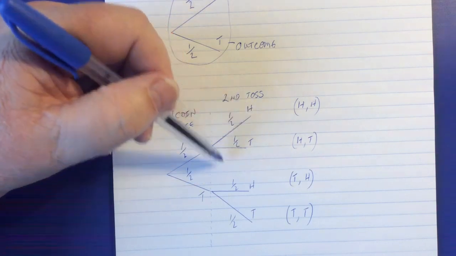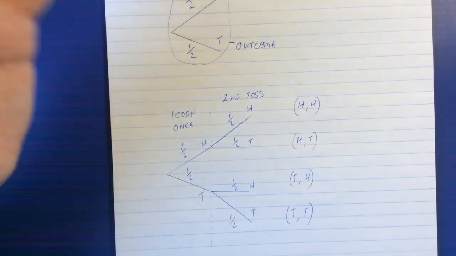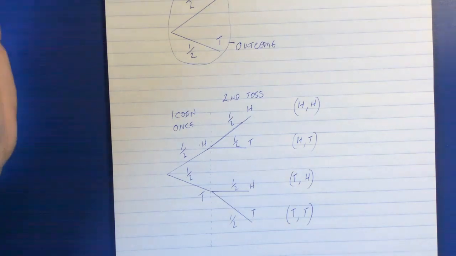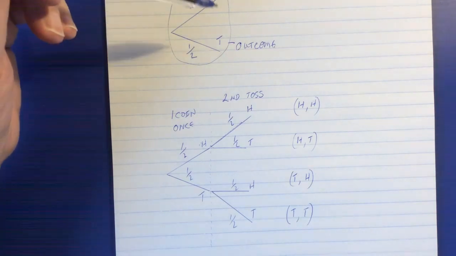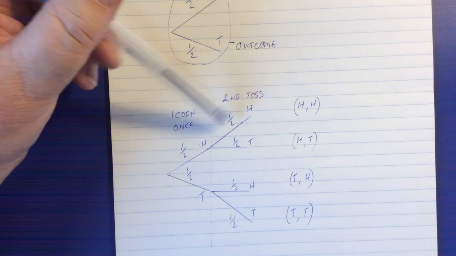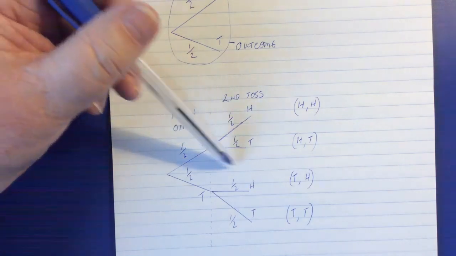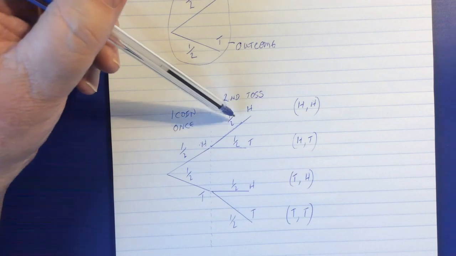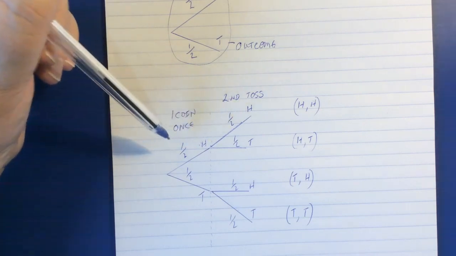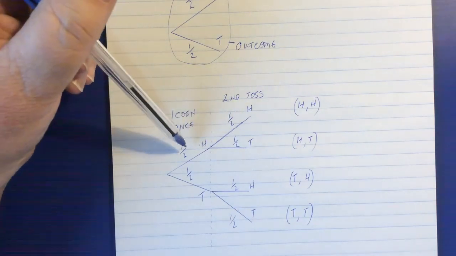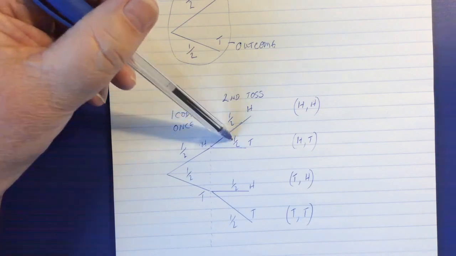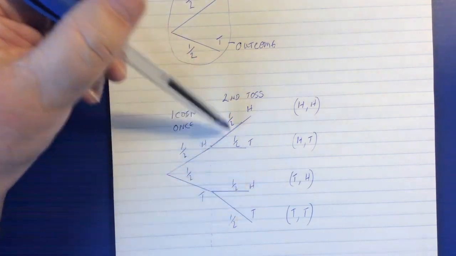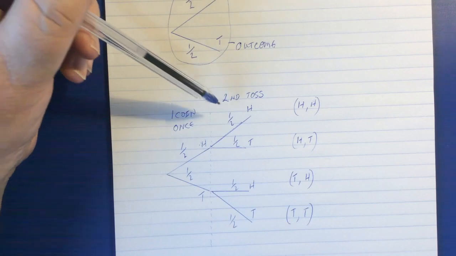Now, because these are independent events, and an independent event is something where the result that I got here has no influence on the result I got here, so they're independent events. One does not influence the other. Because these are independent events, the probabilities in here don't change. It's always a half and a half.